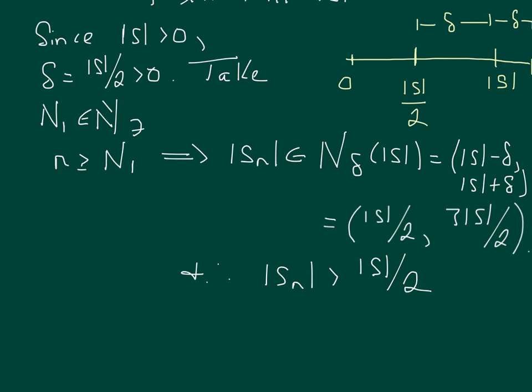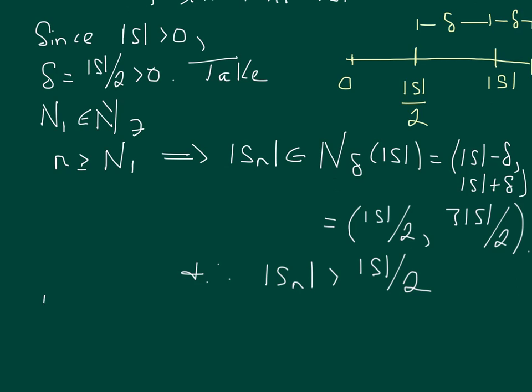Alright, so what do we have? We have that if little n is greater than or equal to capital N sub 1, the absolute value of S sub n is bigger than the absolute value of S over 2. And remember, we were looking for a bound on 1 over the absolute value of S sub n. And this is going to tell us that 1 over the absolute value of S sub n is less than the reciprocal of this number, which is 2 over the absolute value of S. So let's write that down.